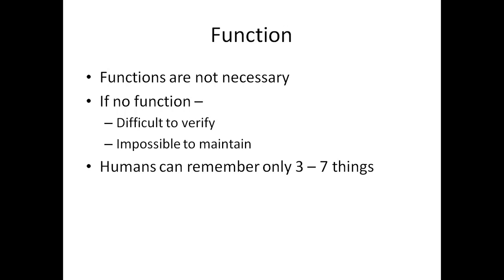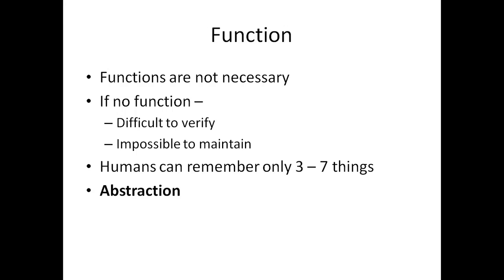But if you are writing very large applications like a bill management system or a supermarket billing software, dividing it into different functions makes it easier to find errors, correct them, or change something, because humans can remember only up to 3 to 7 things. So if you divide the whole code into 3 to 7 different functions, it will be much easier to write those programs.